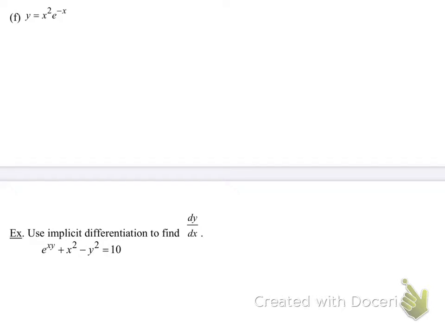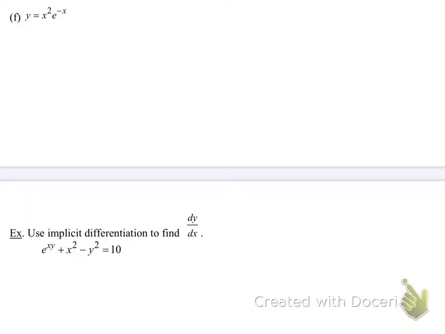F involves product rule. So we need to take the derivative of the first times the normal of the second plus the normal of the first times the derivative of the second. I don't know if I said that right. Anyway, derivative of the first times the normal of the second plus the normal of the first times the derivative of the second. That'll work.